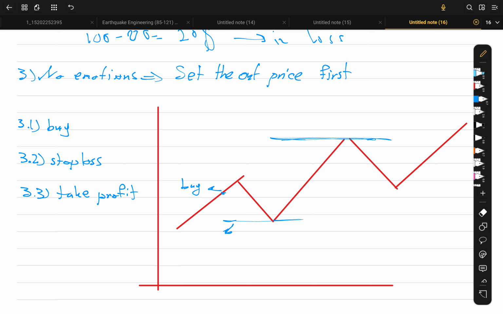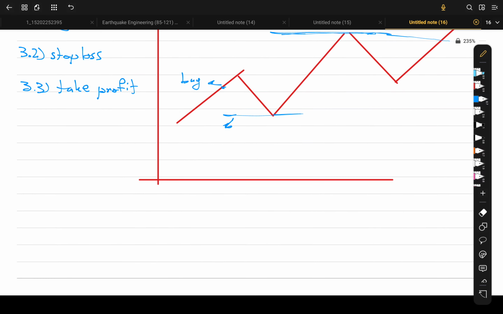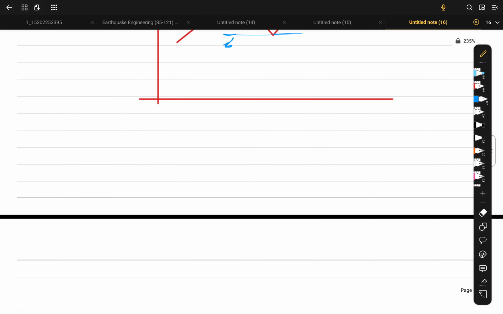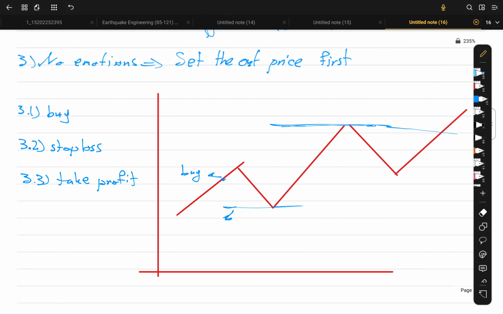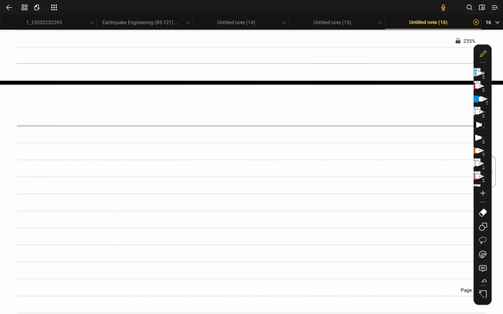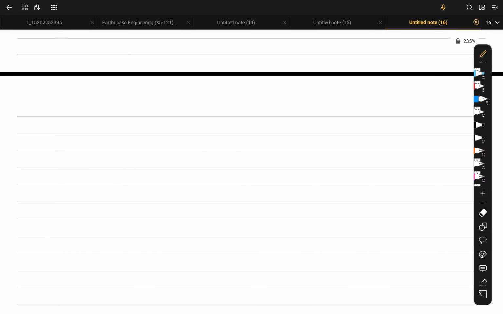Some of you may say, if you take profit here, the chart is going up and you are going to lose a lot, and you're so stupid, and so on. But the problem is that we are going to learn that take profit is not as easy as you think. I'm going to tell you more about this in the next lessons.